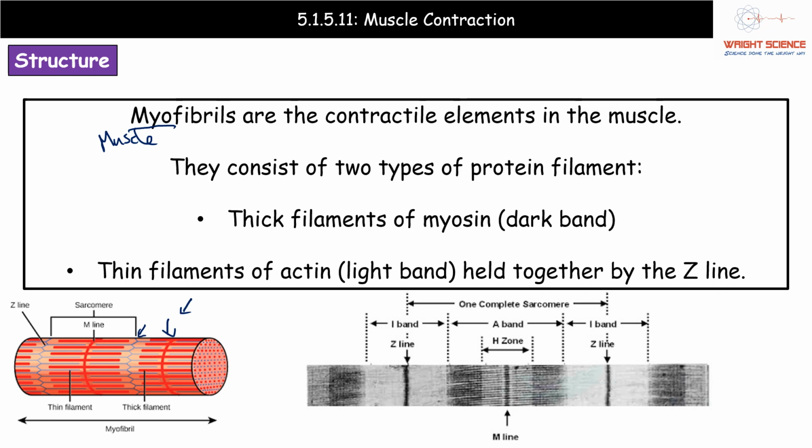If we have a look at what this is under a light microscope, then that gives us this diagram on the right. So what we've got, our Z line is going to be this very narrow dark line that we've got there. Then we've got these two lighter sections either side. So we've got these light sections here, and that makes up the I band.